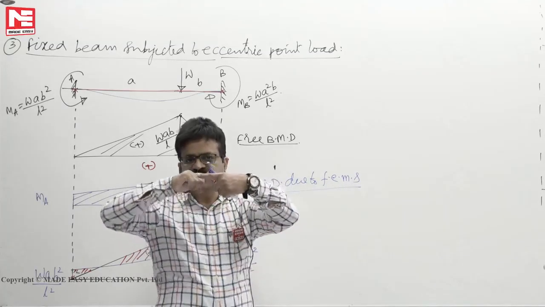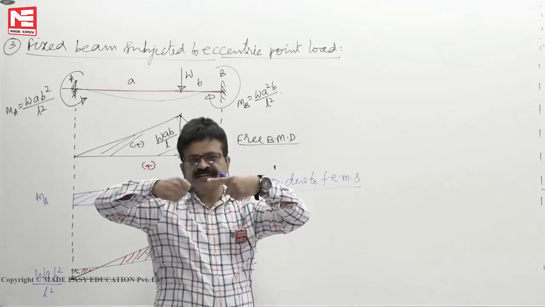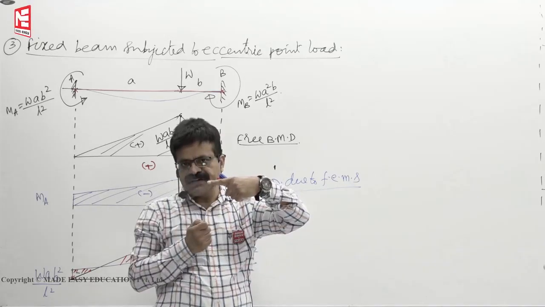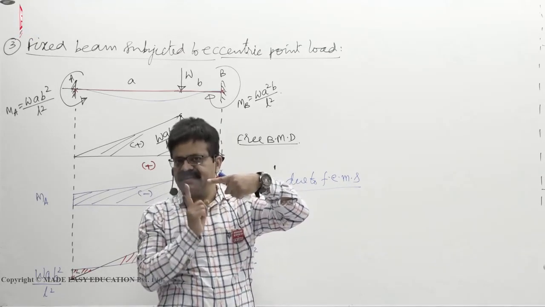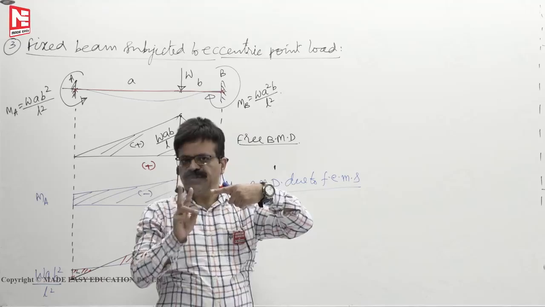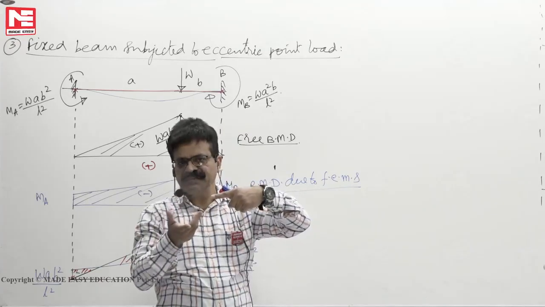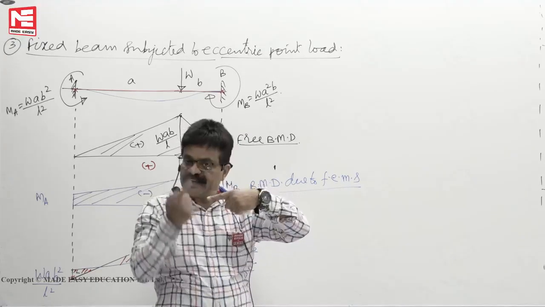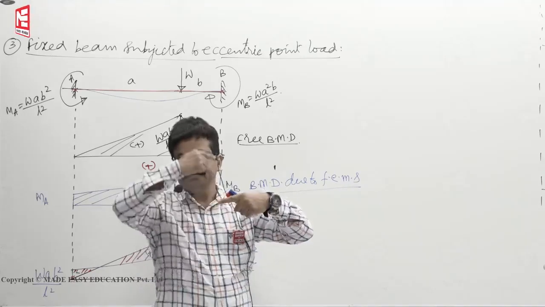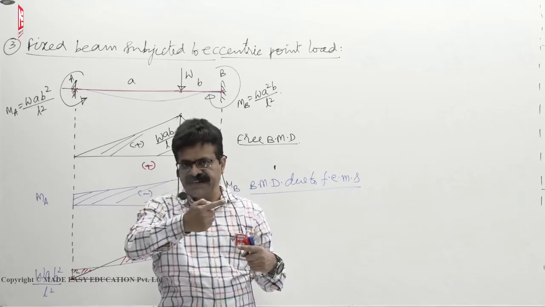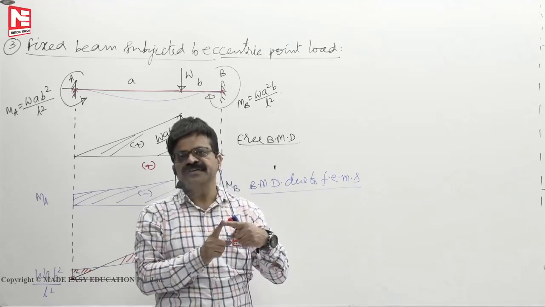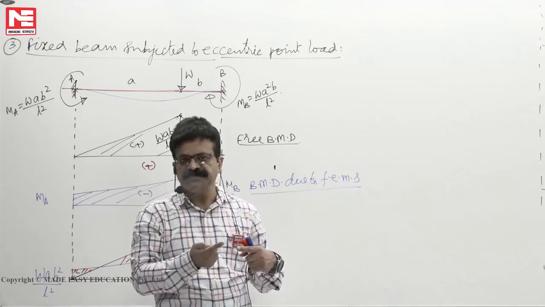A thin cylinder, if you wind a thin wire, static indeterminacy is 1. What is that? Stress in wire, stress in cylinder. So two unknowns are there, but only one equation of equilibrium, sigma F is 0. Another equilibrium equation you will get it. Circumferential strain in the wire must be equal to circumferential strain in cylinder.